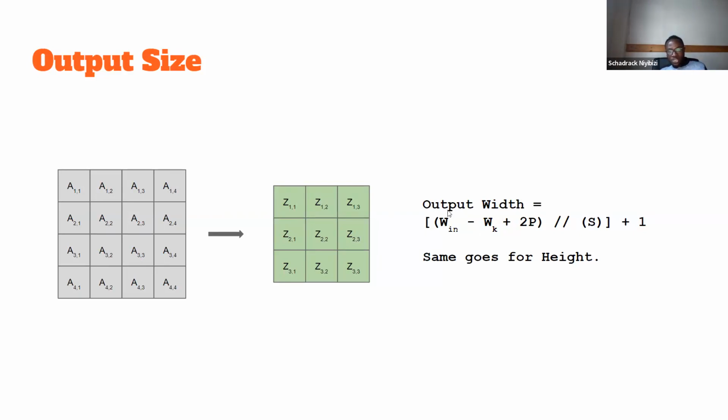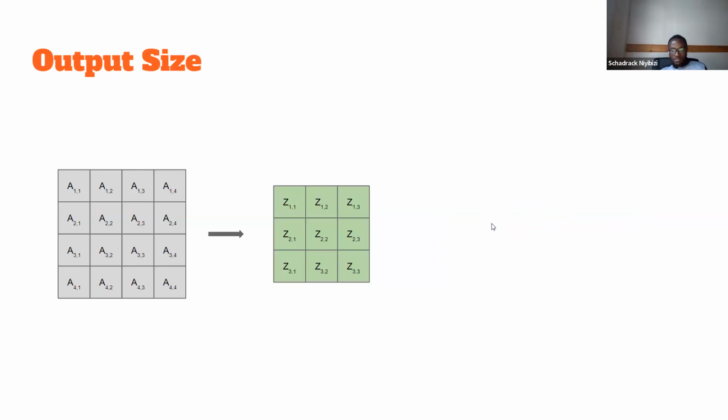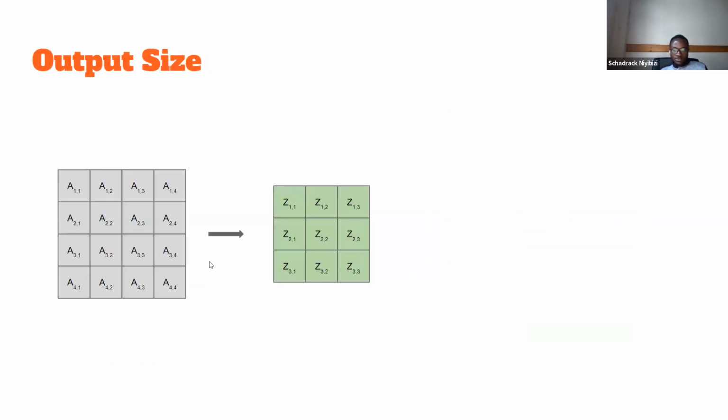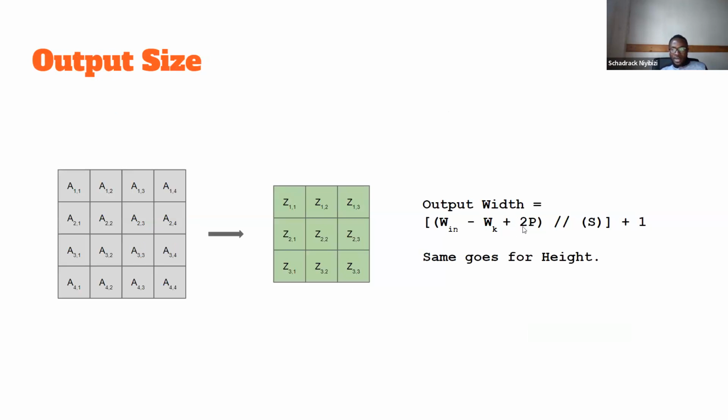We just take the original input size minus the kernel size, meaning the width of the kernel. This is the height, this is the width for the kernel, and this is the width for the original input. Then you add 2 times the padding.